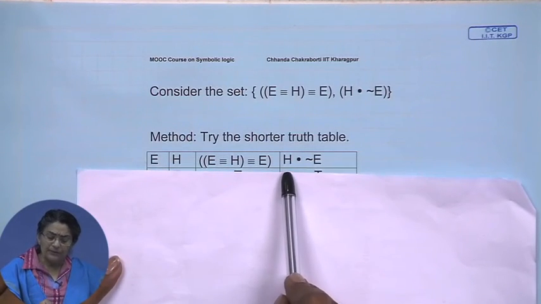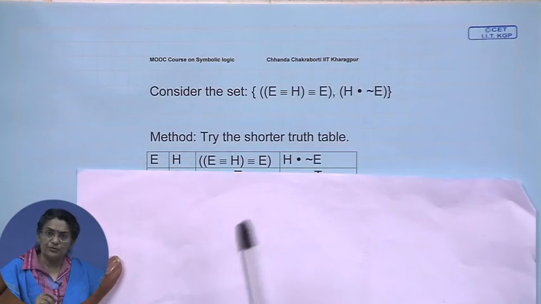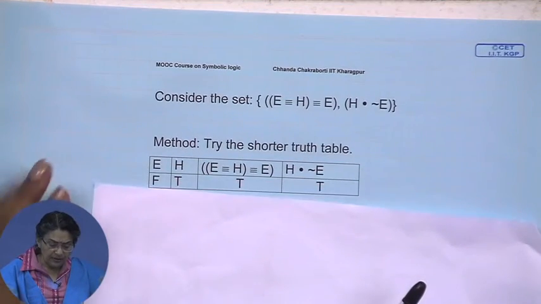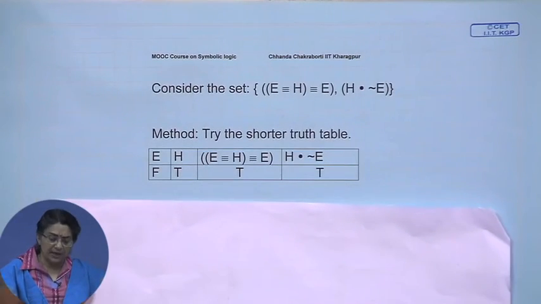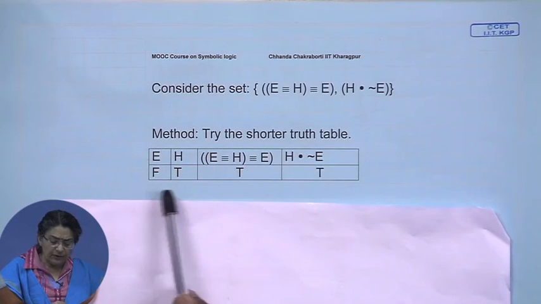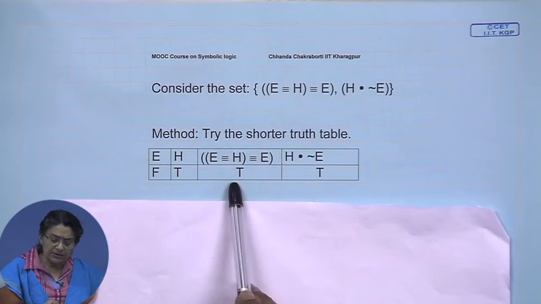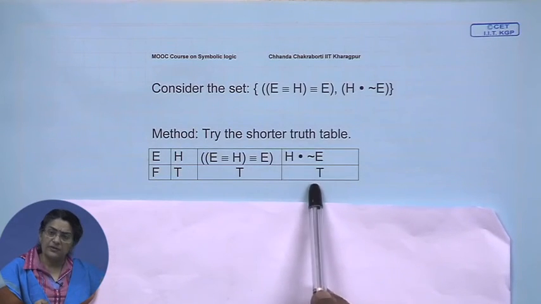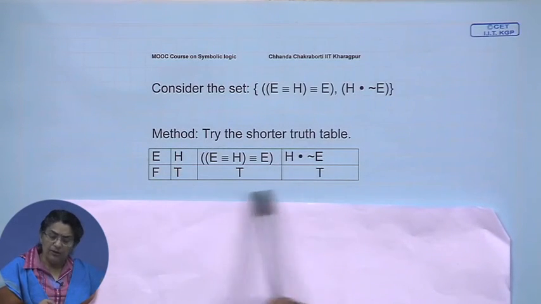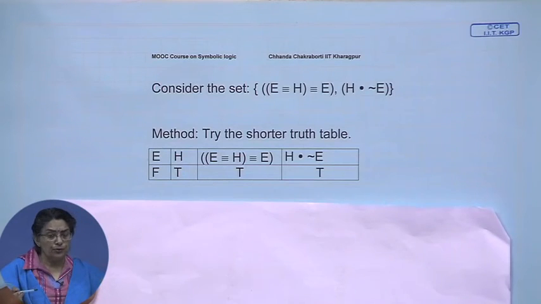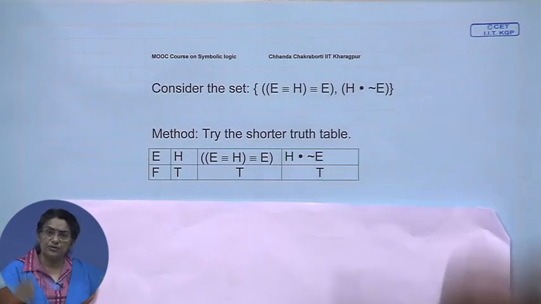You also know what the value of H is by now, it has to be true. So, here is your clear answer to that. E has to be false, H has to be true, and the overall result of this is going to be true. So, you have shown that one row where every member of that set is true.